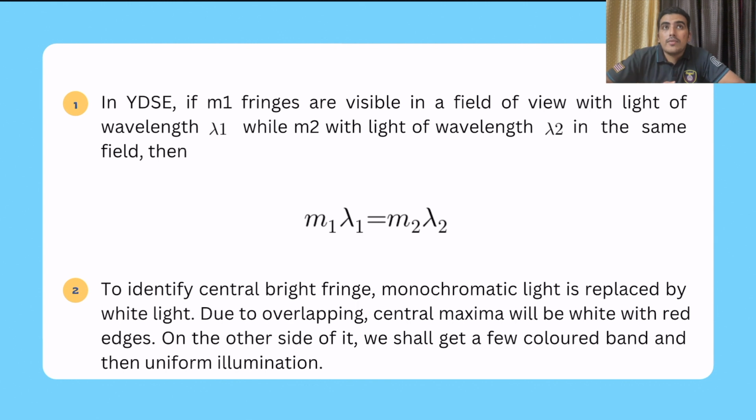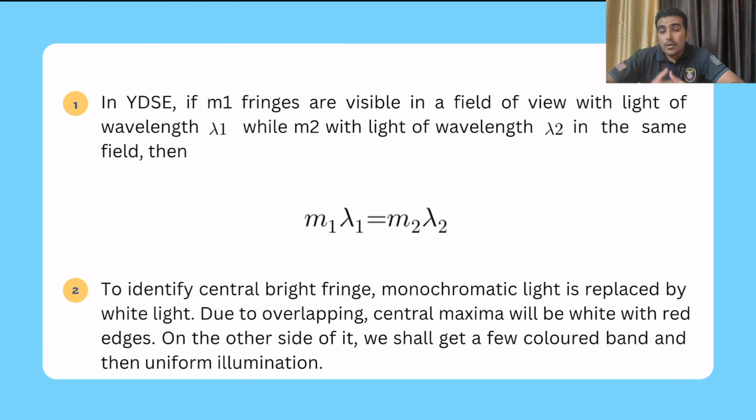Also, if, for example, the third bright band of a particular wavelength is coinciding with the fifth dark band of another wavelength, how will you write it? 3 lambda 1 equal to (2n minus 1) lambda 2 by 2, in which you need to substitute n equal to 5. So these are the coinciding cases. That way you can calculate the unknown wavelength if it's required.